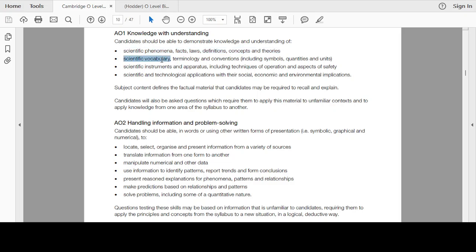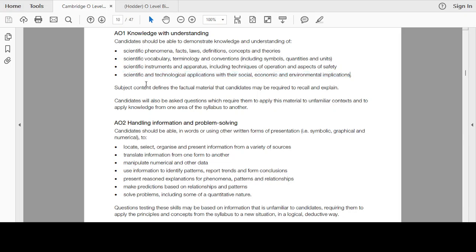Then scientific vocabulary, terminology, and conventions such as symbols, quantities, and units. Knowledge of scientific instruments and apparatus, including techniques of operation and aspects of safety. Scientific and technological applications with their social, economic, and environmental implications. So this is mostly basically everything that you will get in the syllabus in the textbook.